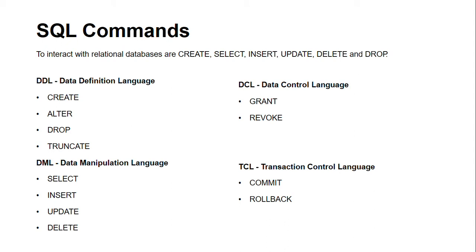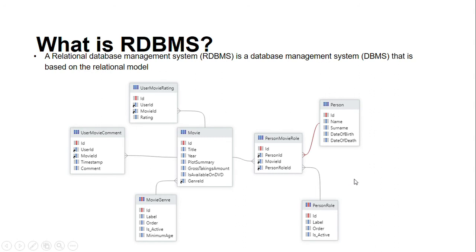Yes, we are committing that information into the database. And somehow if I don't want to commit it, whatever the select, update or delete statement we have performed, we can easily roll it back. So whatever activities we perform in DML, we can roll back with the help of TCL, transaction control language.